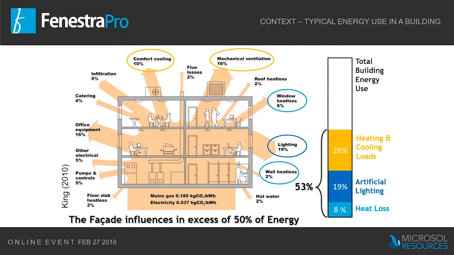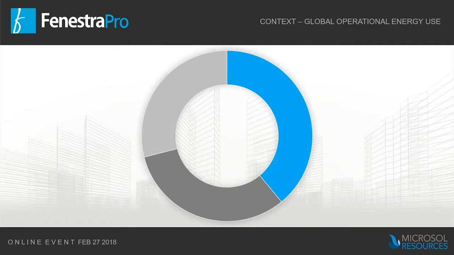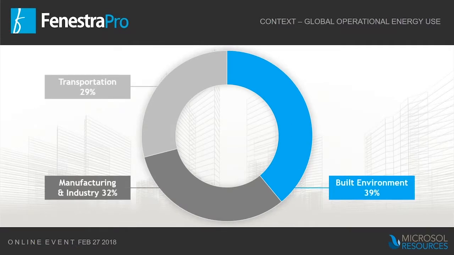So on a typical building, and this is by no means every building, we could say that some 53%, or in excess of half of that building's energy, is directly influenced by the facade design: the geometry of the glazing, the properties of the glass, etc. If I take a more macro level and look at global operational energy use, we know the built environment accounts for approximately 39% of our operational energy.